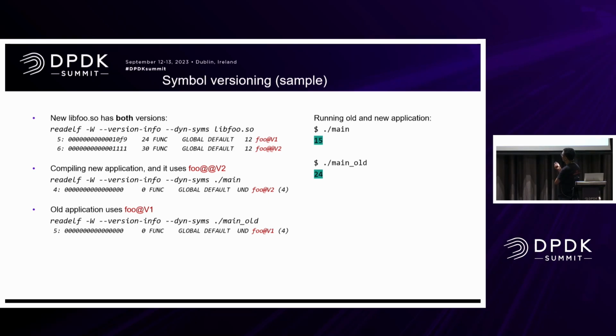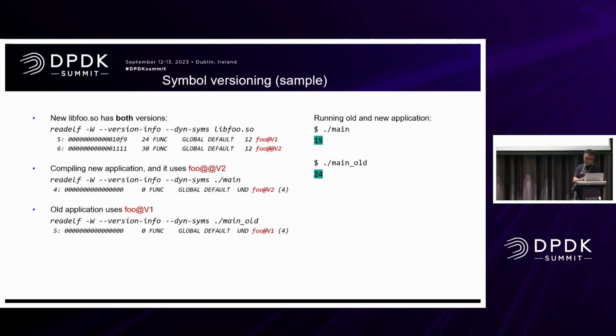The old application I compiled with foo v1, I'm running it, and it gives the correct results. So the same library gives two different results, because the applications are using two different versions in the same library.